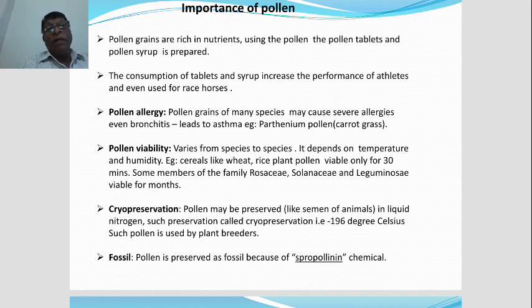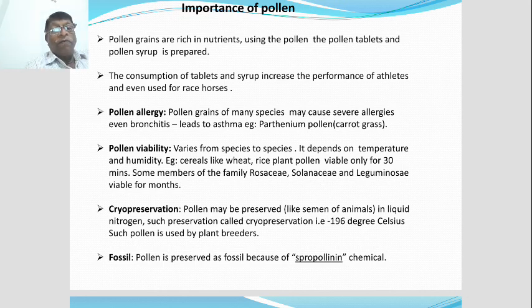Next, a most important part, cryopreservation. What is meant by cryopreservation? The pollen of plants may be preserved in liquid nitrogen.